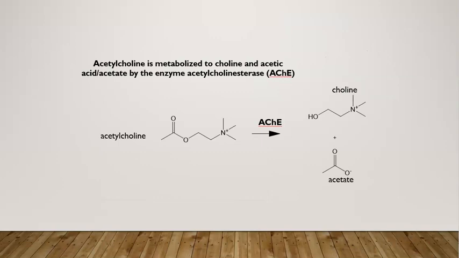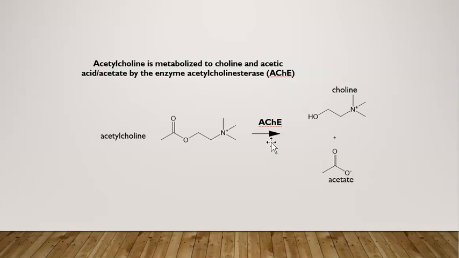Okay, so we have acetylcholine. Let's say it does its job in our system, and then we need to break it down. Acetylcholine is metabolized back into choline and then into acetate, so either acetic acid or acetate. It's done by this enzyme called acetylcholinesterase, AChE. In contrast to CHAT, AChE is expressed by a number of different cells, including muscle fibers.